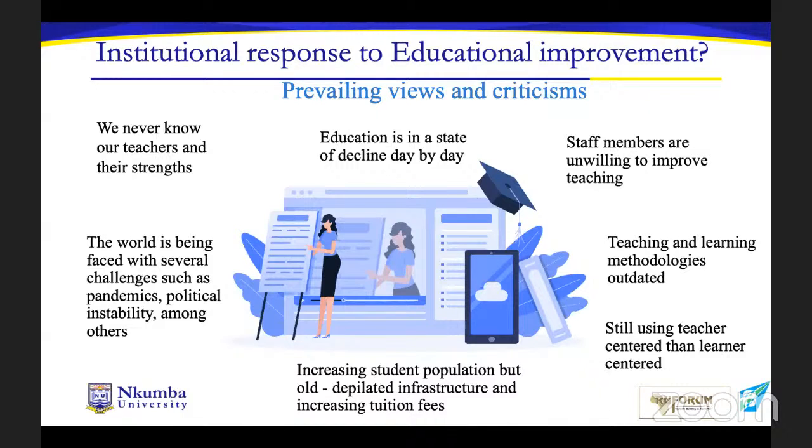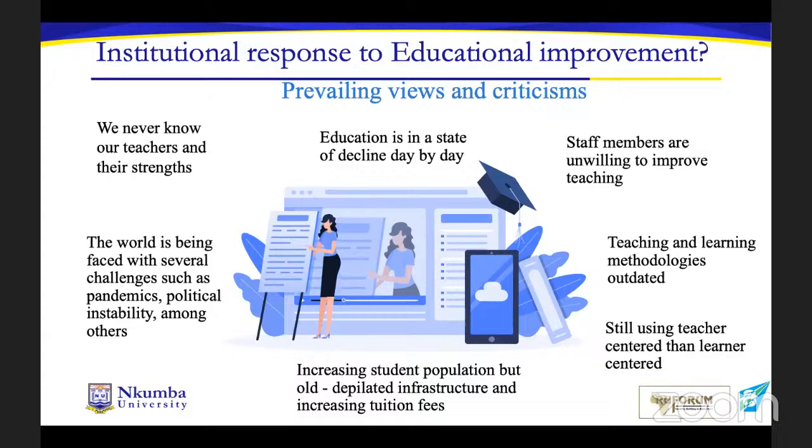We have an increasing student population, but with depleted infrastructure remaining the same, and we expect all these students to be taught within that, not thinking innovatively on how we can do better. And we're having more and more epidemics on their way.